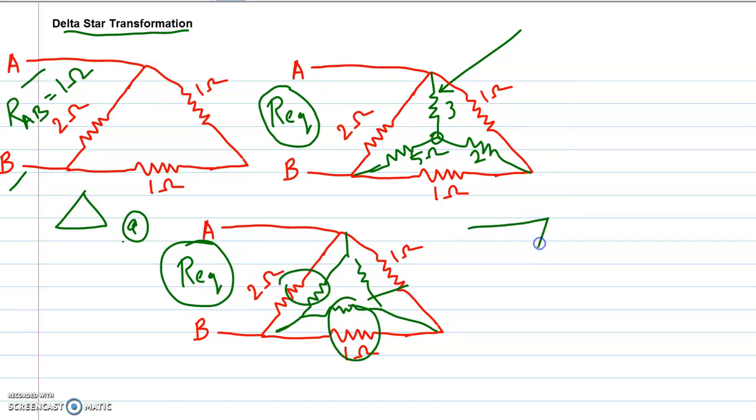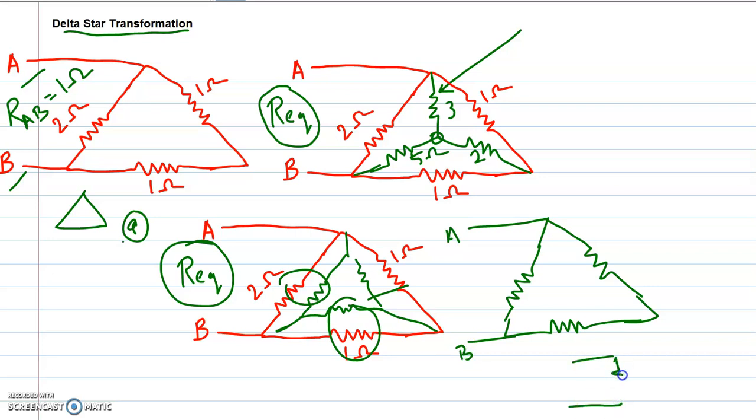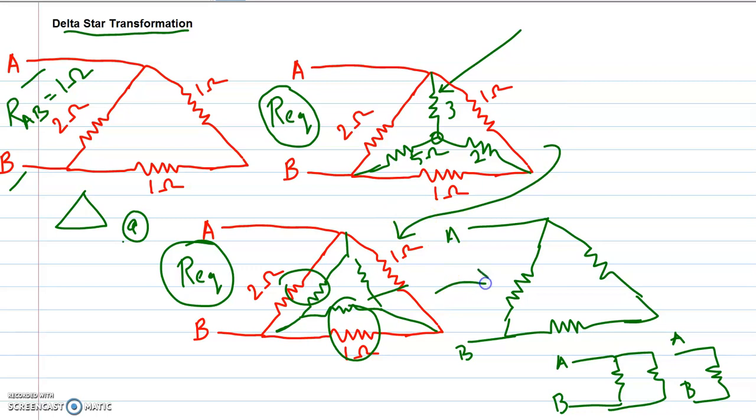So effectively it becomes like this, and later A and B. This is how we do a star to delta transformation, and then simplify the network and come to the final solution.